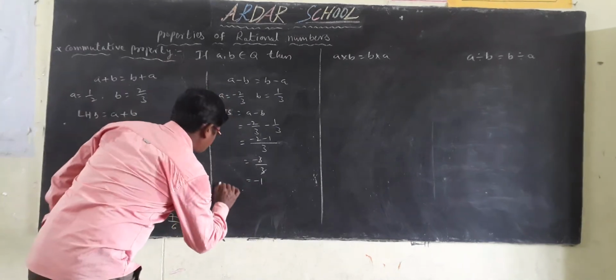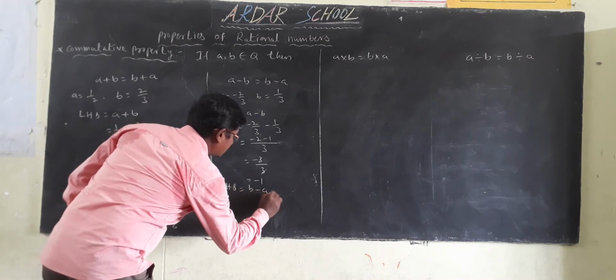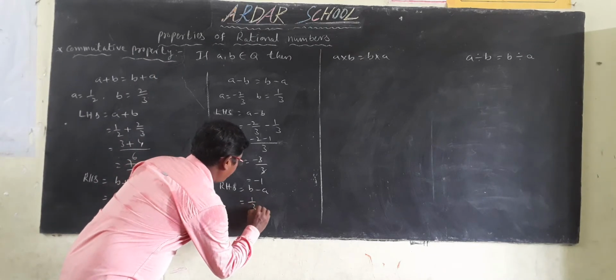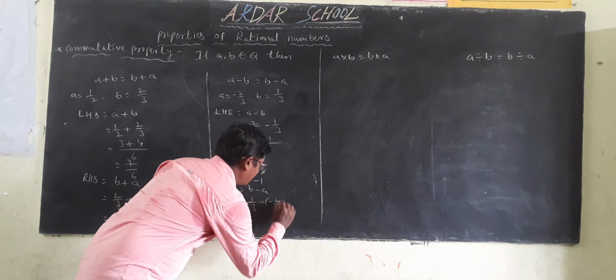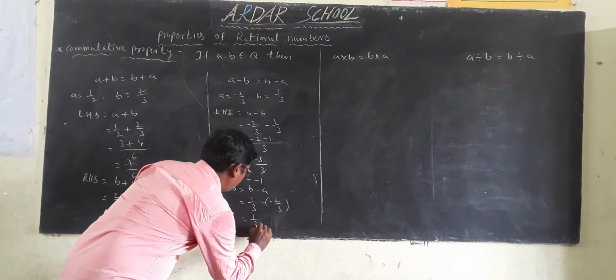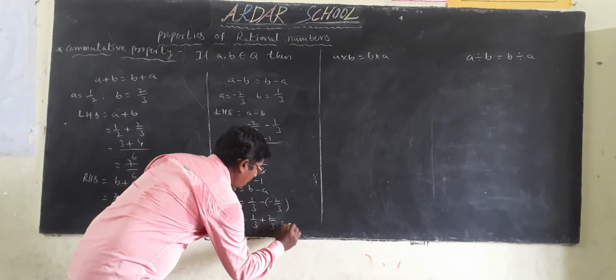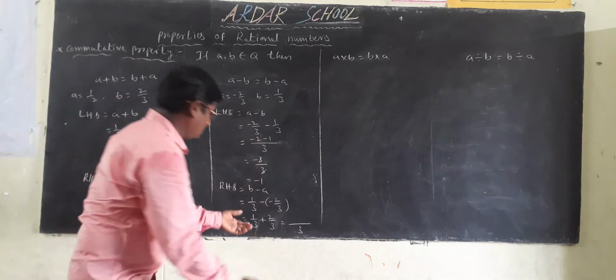Take RHS. RHS is equal to B minus A. So here B is equal to 1 by 3 minus A, which is minus 2 by 3. That is equal to 1 by 3 minus and minus plus 2 by 3. Here the denominator is common, so 3 is the LCM.